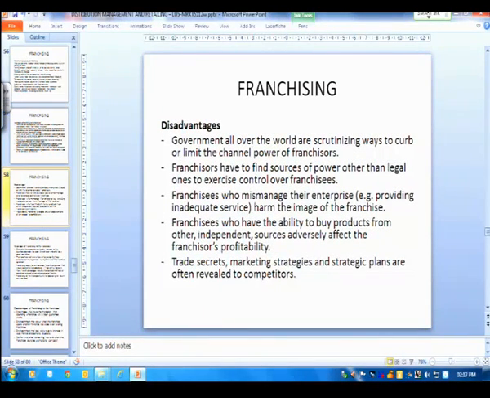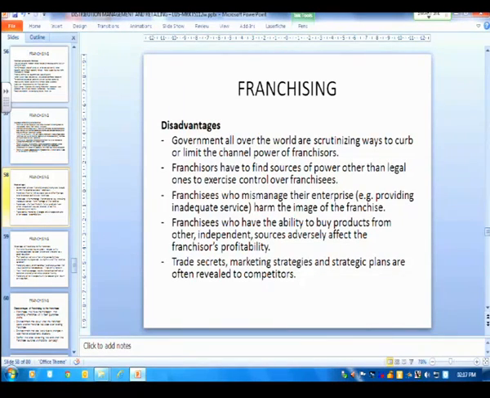Disadvantages of franchising. Governments all over the world are scrutinizing ways to curb or limit the channel power of franchisors. Franchisors have to find sources of power other than legal ones to exercise control over franchisees. Franchisees who mismanage their enterprise, e.g. providing inadequate service, harm the image of the franchise.